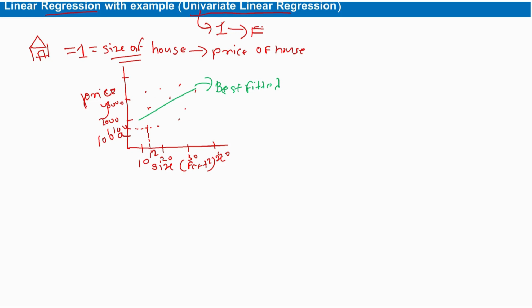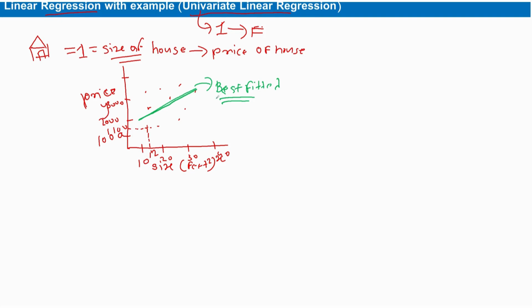At that time we can say this is the best fitted line. So the job of linear regression is to find the best fitted line with respect to the training data we have.